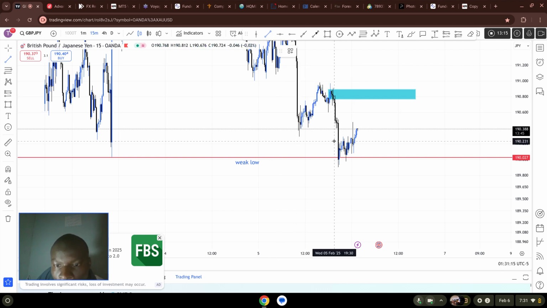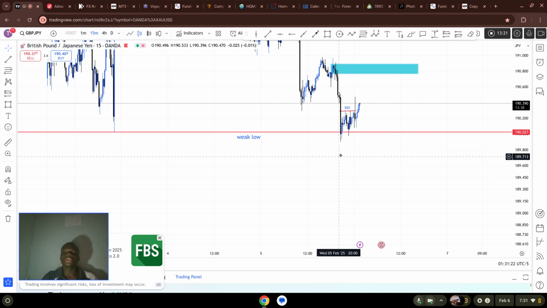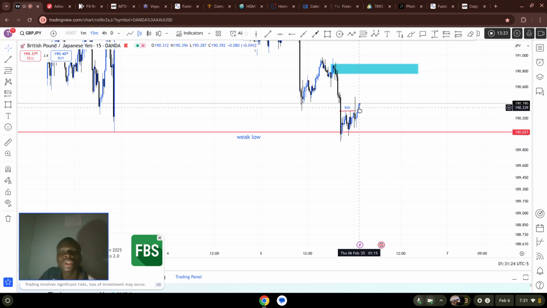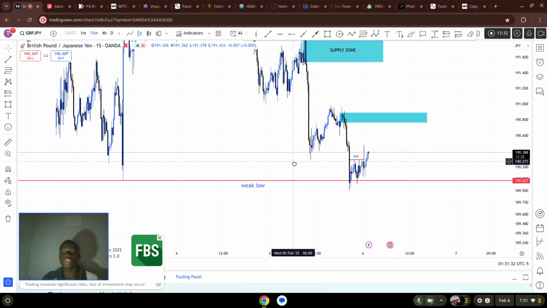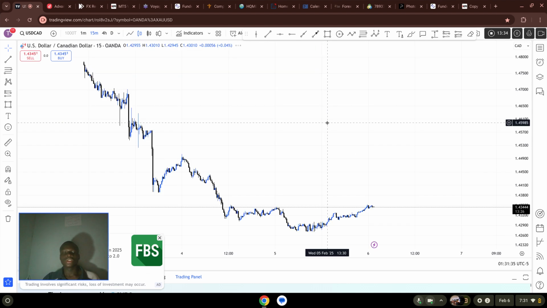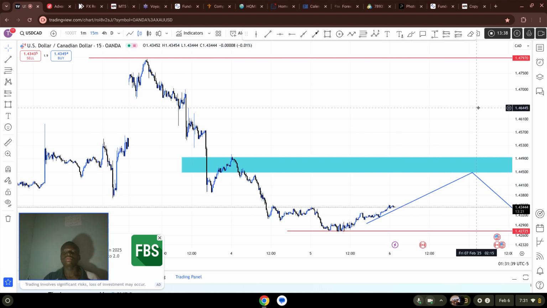I'm going to try to come back. If you look for a change of character from this point here, then there's a very clear change of character. You can take your entry there. So that's for GBPJPY.